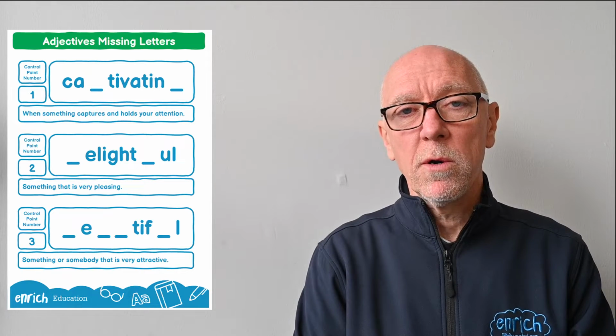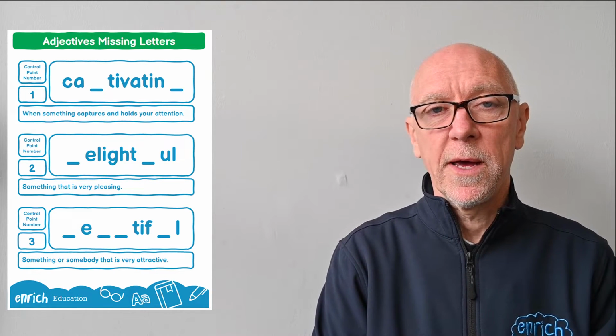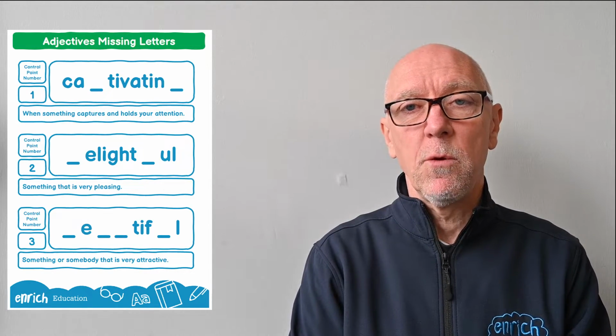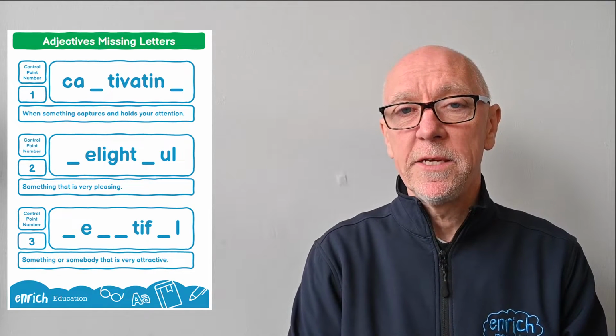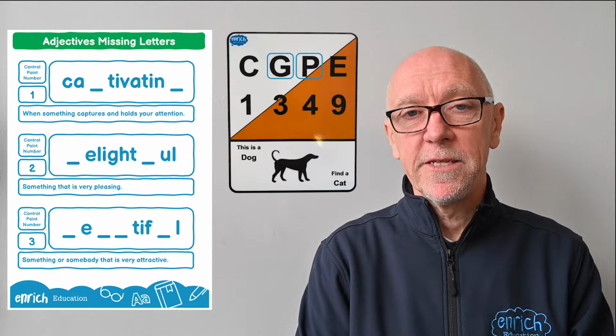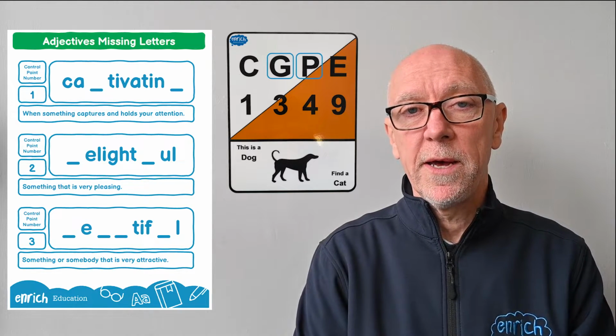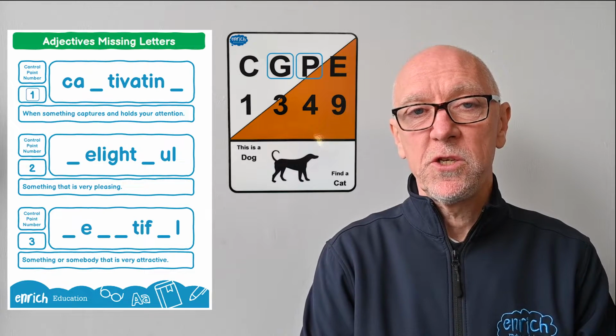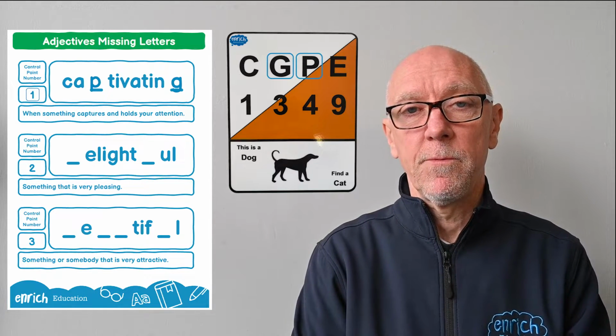Children have to use one or more of the letters from the control marker to fill in the missing letters in the word. So in this case, the word is captivating, and there is a P and a G on the control marker at control point 1 that children can use to complete the word.